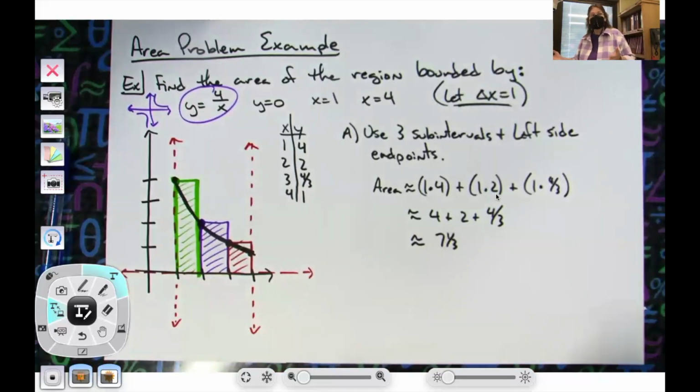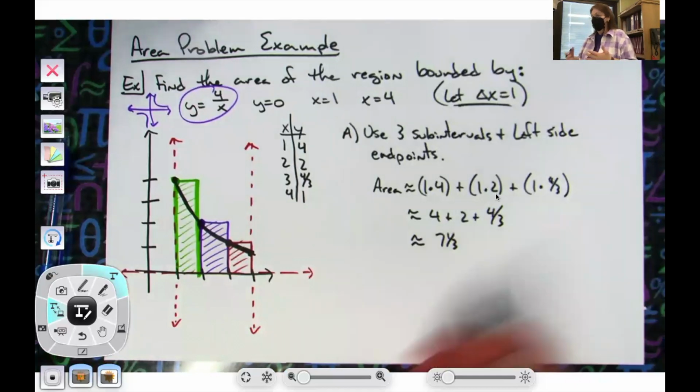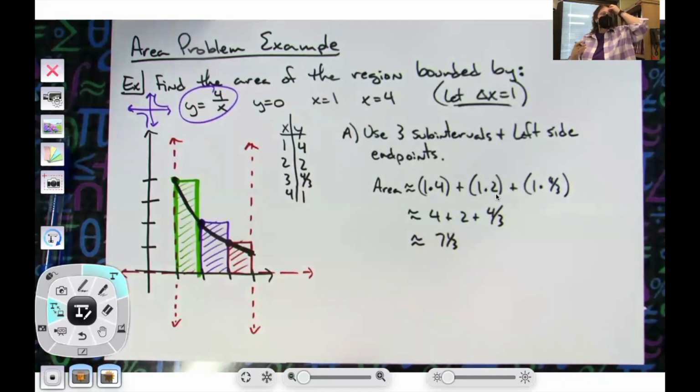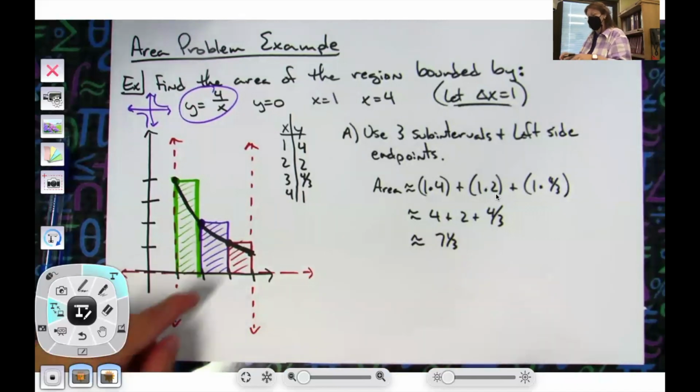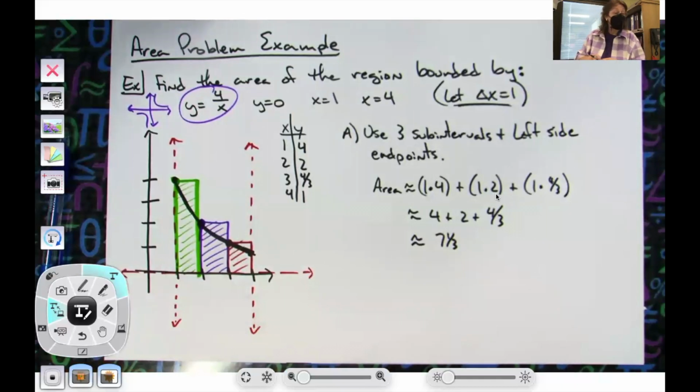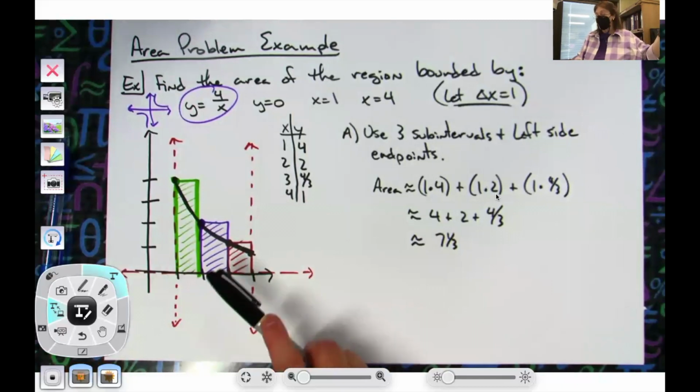Now technically it is area. If you wanted to label it units squared, you could. Later on in calculus, we're not going to be labeling this stuff. It's just area. You don't have to do it units squared if you don't want to. You're approximating the area. We said this was going to be an overestimate of the actual area. From earlier, what type of rectangles are these?